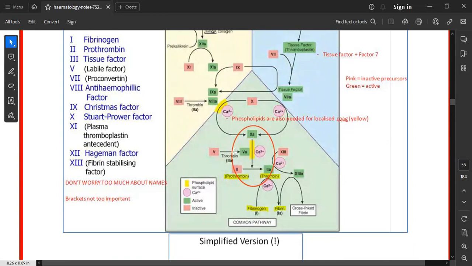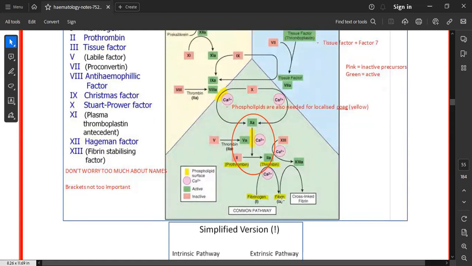So factor 10A together with cofactor 5 activates prothrombin to thrombin. Now this is the clotting. And then thrombin, of course, activates fibrinogen to fibrin. And then fibrin has its effect for cross-linking and forming the fibers that lead to the plugging of the leak.